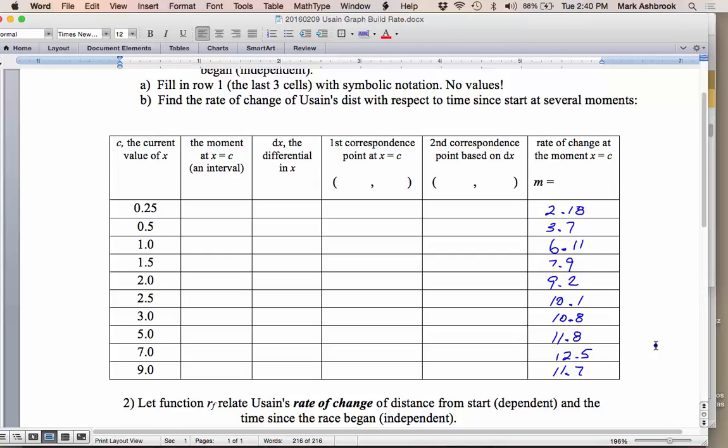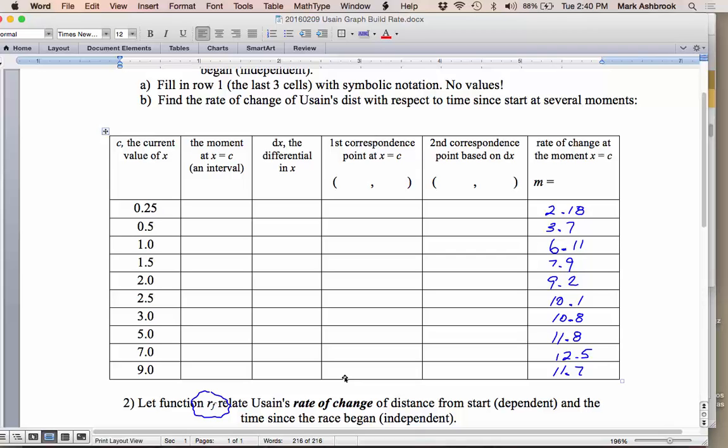So you're going to start by just plotting these correspondence points, and we're going to call that function r sub f. R sub f, you see there in number 2. It's a new function. The independent variable is the same, x, but now the dependent variable is the rate of change of Usain as he's running.